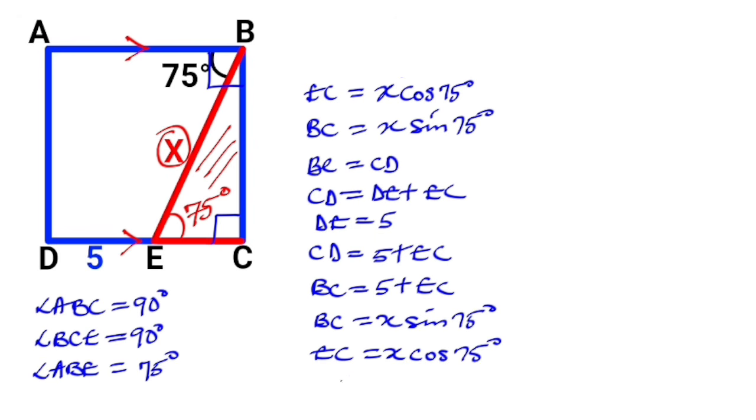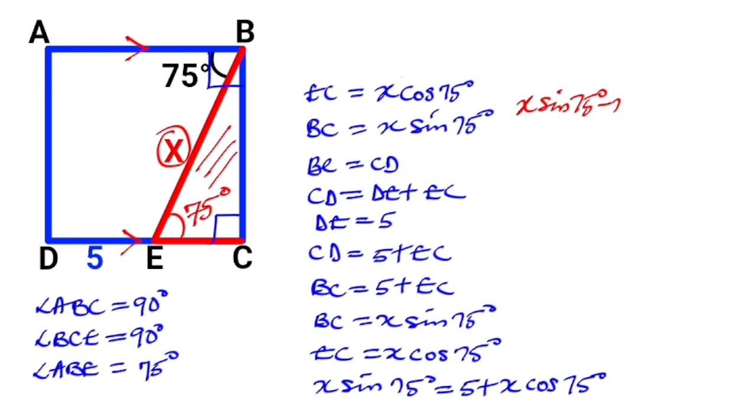Substituting these values in the above expression will give us x times the sine of 75 degrees is equal to 5 plus x times the cosine of 75 degrees. Rearranging this will give us x times the sine of 75 degrees minus x times the cosine of 75 degrees is equal to 5.